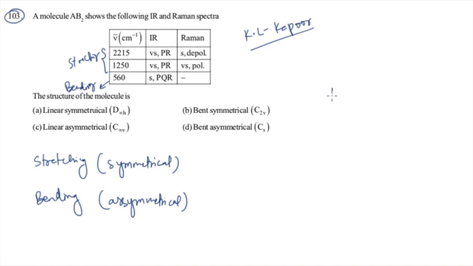Now we have AB2. AB2 can be like this, or it can be like this. So these are the two basic possibilities of AB2. Now if you are stretching the molecule like this, symmetrical stretching in the same direction, then it remains symmetrical.